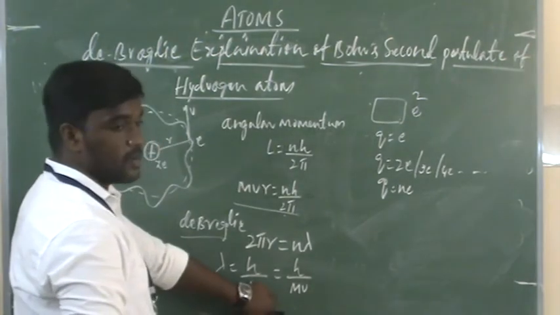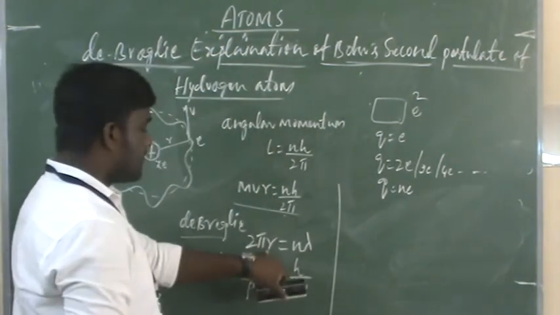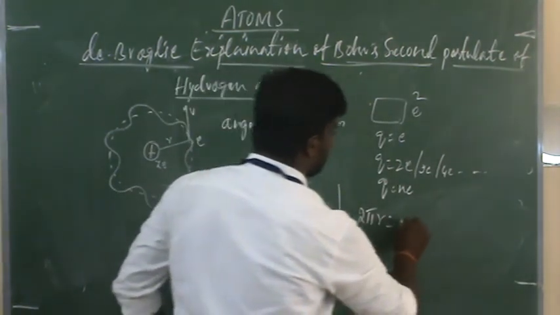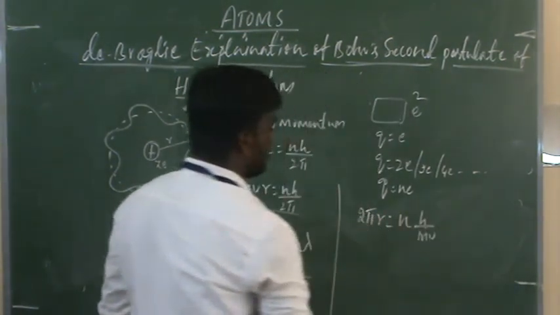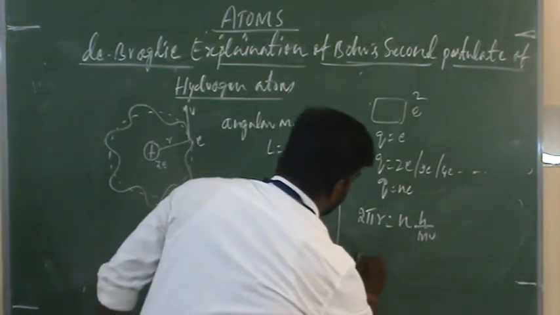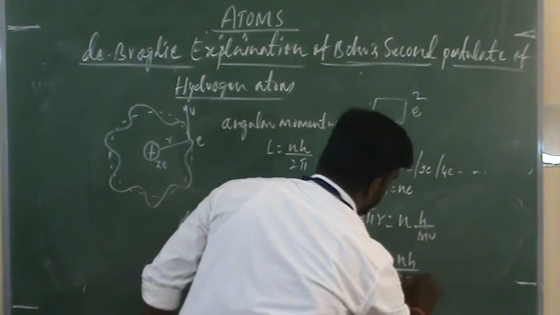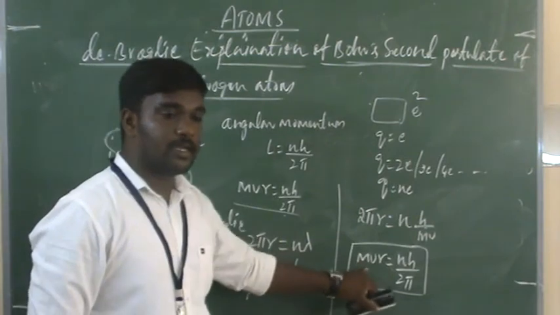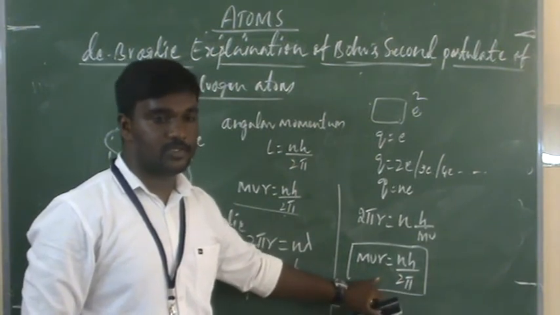Substituting this value in 2 pi r equals n lambda, n lambda is h by mv. Interchanging, mvr equals nh by 2 pi. This is the expression we got as de Broglie's explanation of Bohr's second postulate.